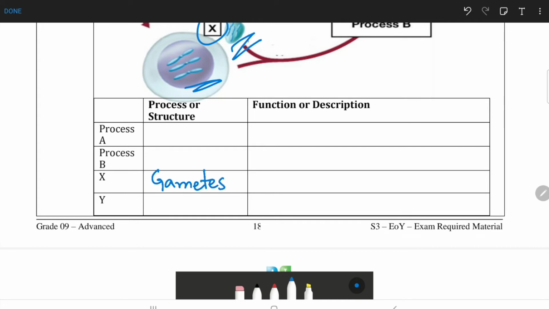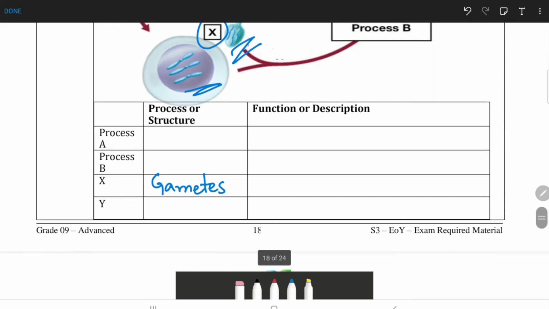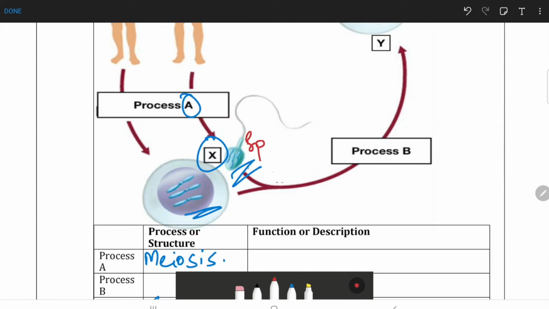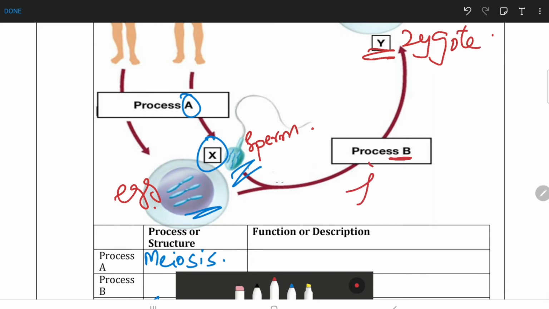Now we need to see process A. Gametes are always produced by meiosis, so definitely this is meiosis. If this is sperm and this is egg, they join together to make cell Y, which will definitely be a zygote. And then process B is fertilization.